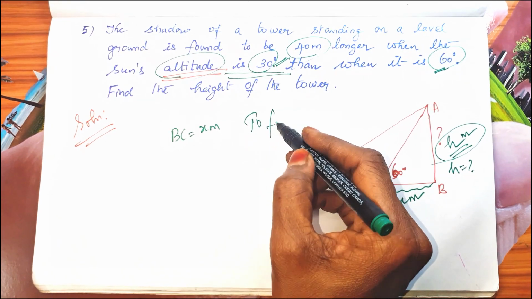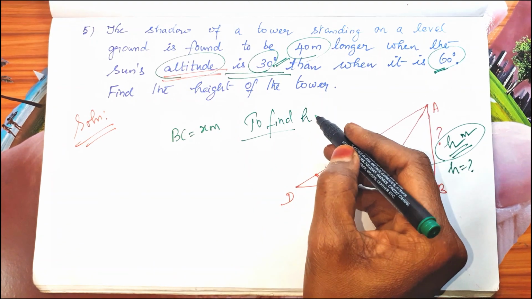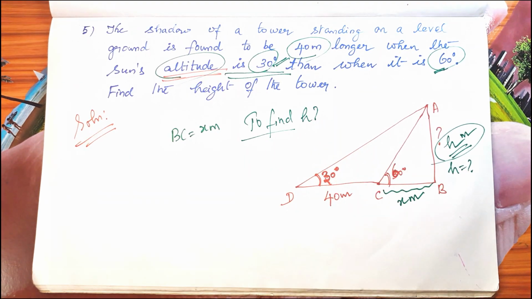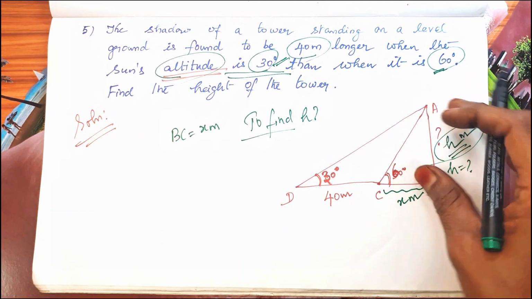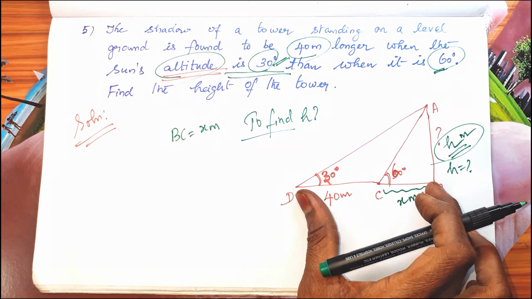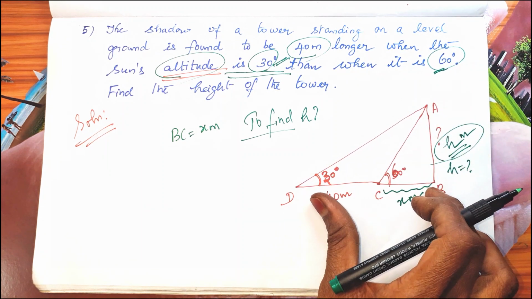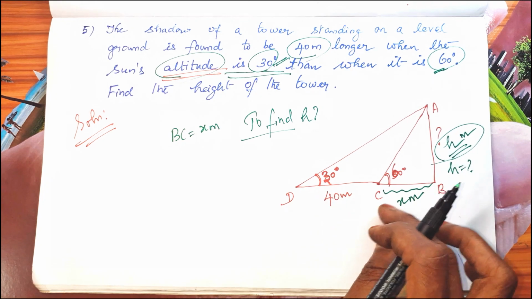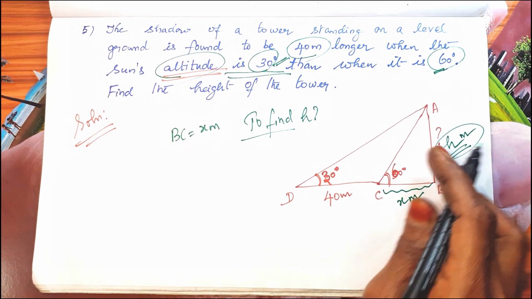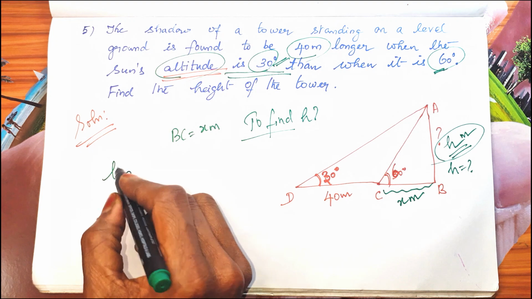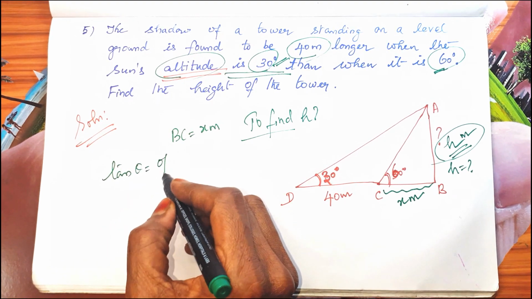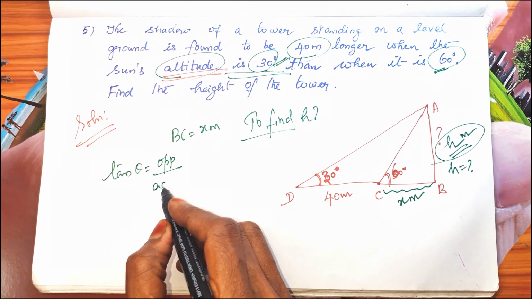To find this h, here height is the opposite side and this is the adjacent side. Can you tell me which ratio we have to apply using these two? Tan theta is equal to opposite side by adjacent side.